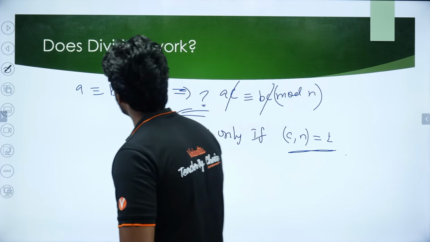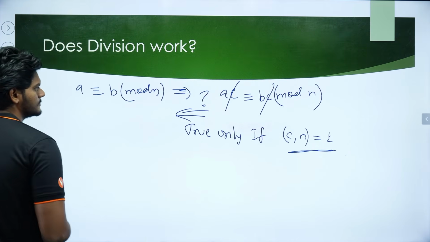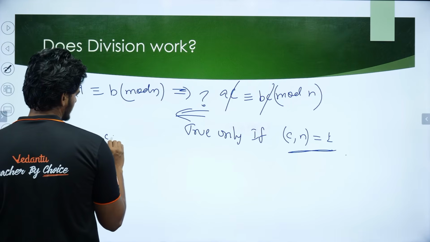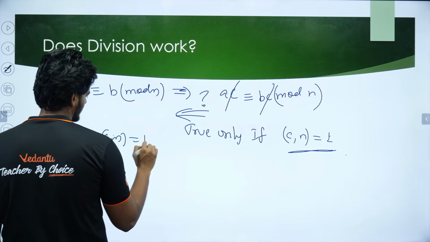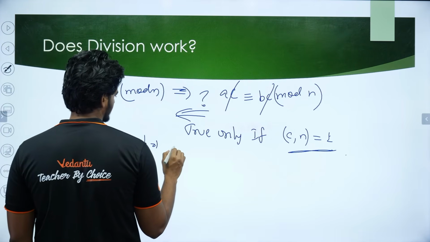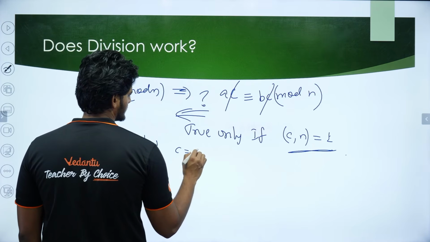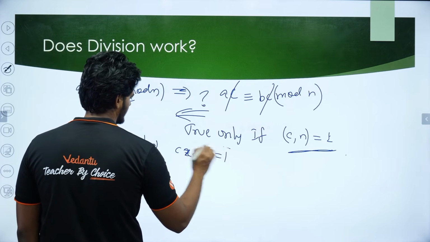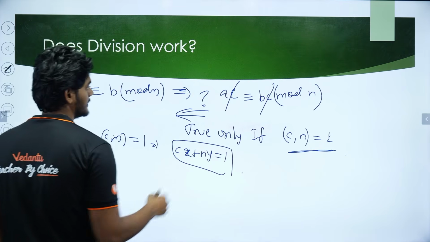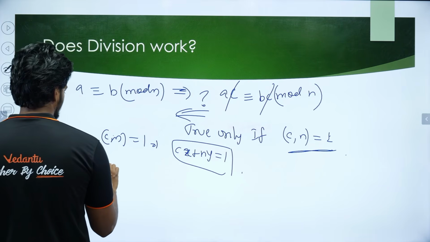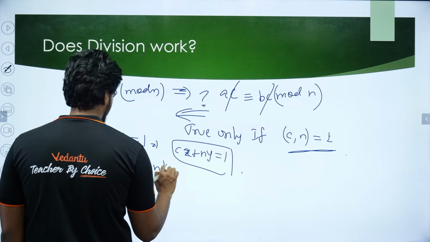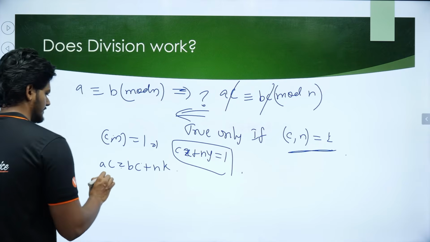So how do we prove that? If C comma n is equal to 1, that would imply Cx plus ny is equal to 1, and then we have AC is equal to BC plus nk.